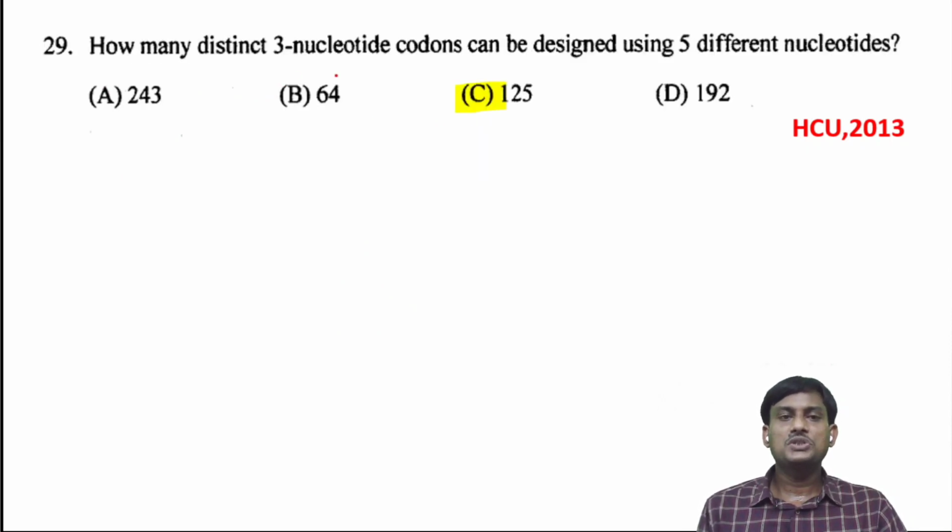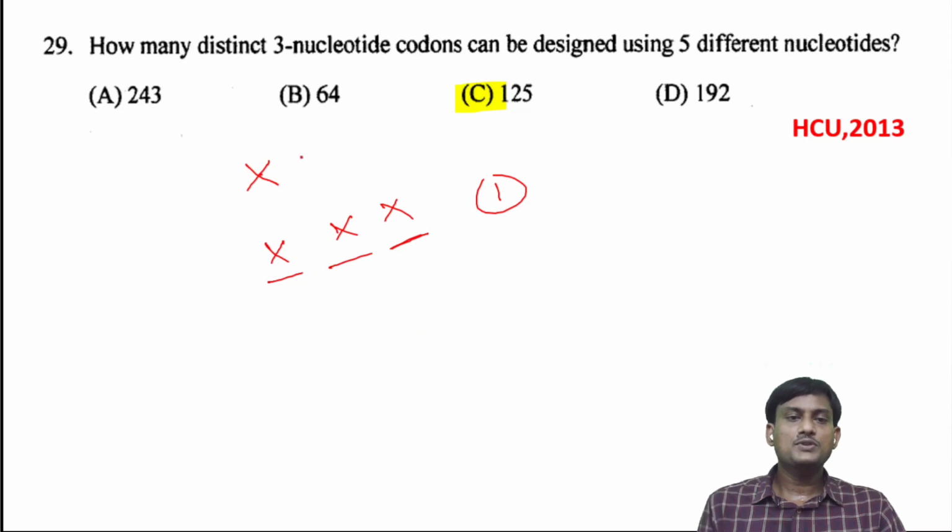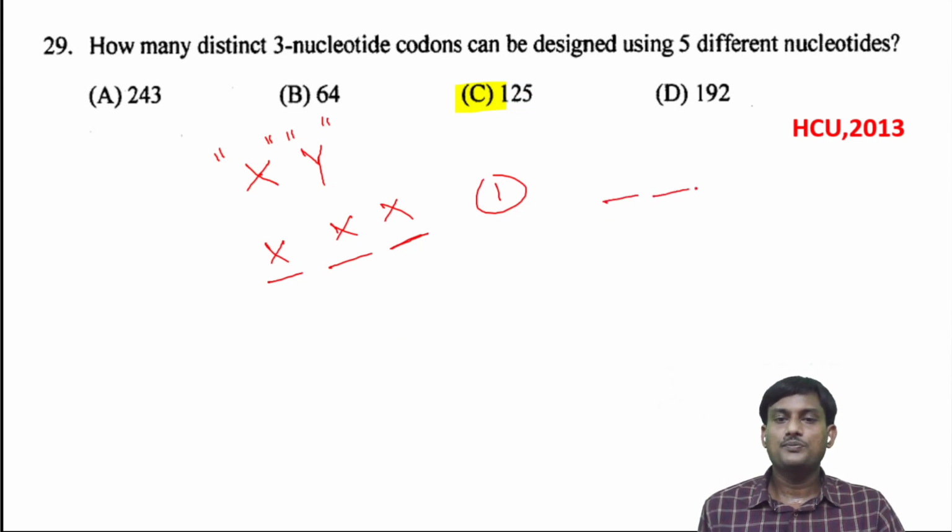How many distinct 3 nucleotide codons can be designated using 5 different nucleotides? Okay, let's take a single nucleotide, X, and create a codon. Here, how many are possible? 1 is possible. Suppose you take X and Y, 2 different nucleotides. How many codons are possible?